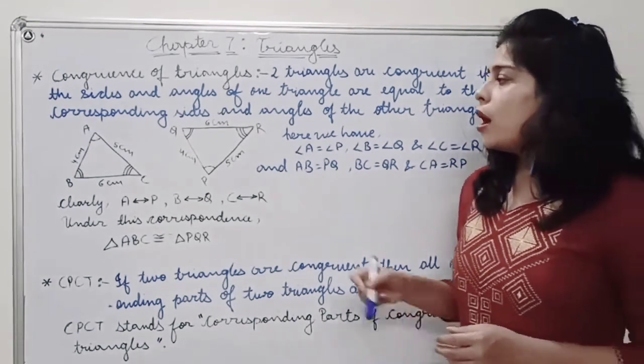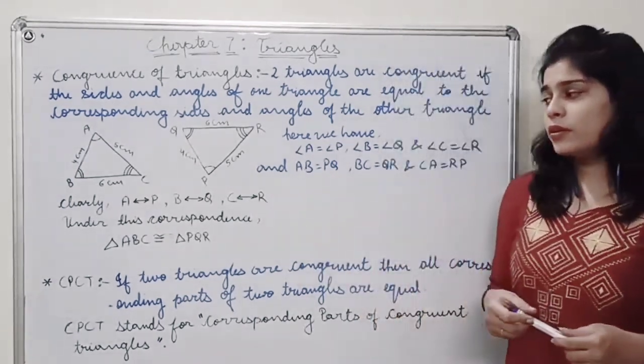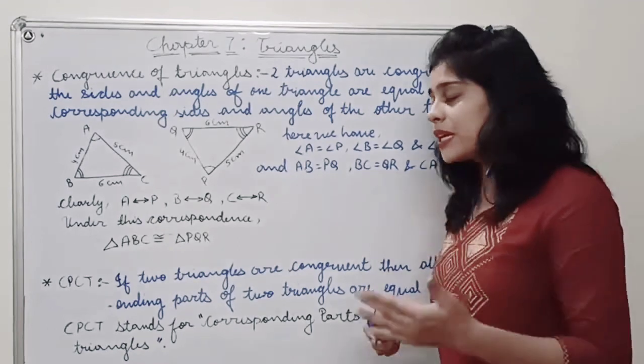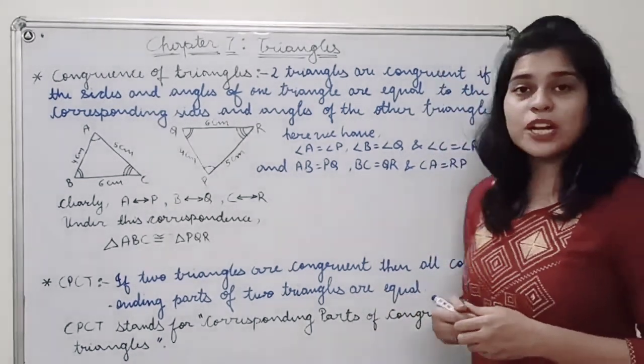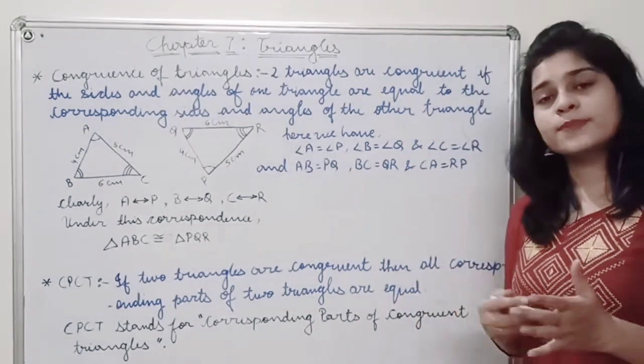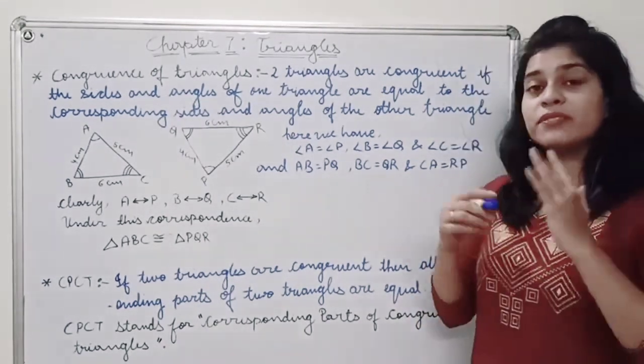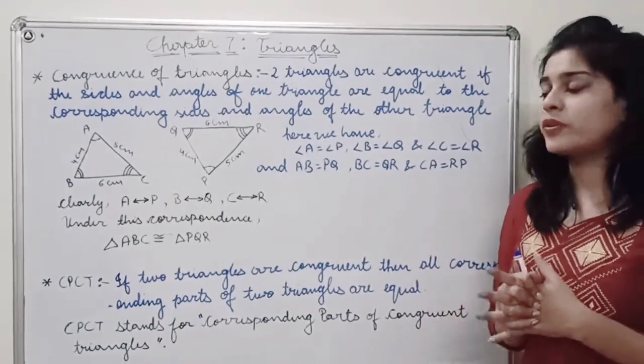Now one more thing we are familiar with, we have studied in class 7th, I think: corresponding parts of congruent triangles. What is the fact behind corresponding parts of congruent triangles?